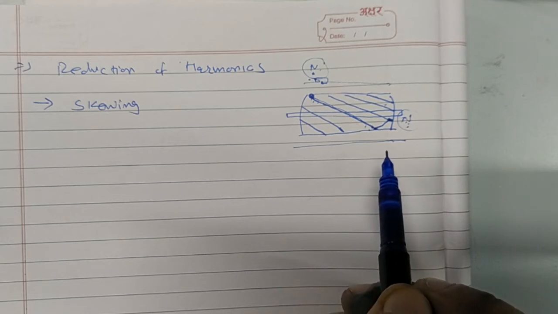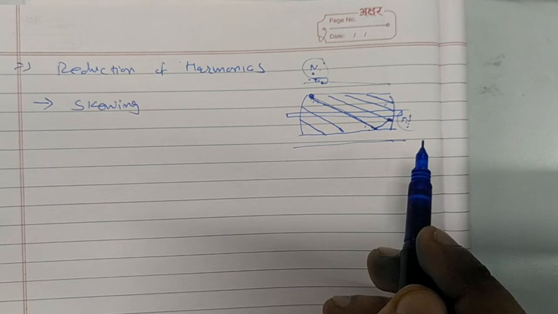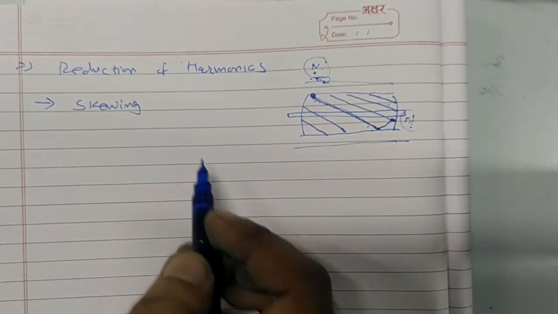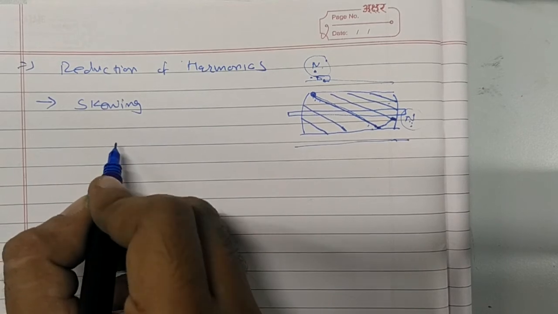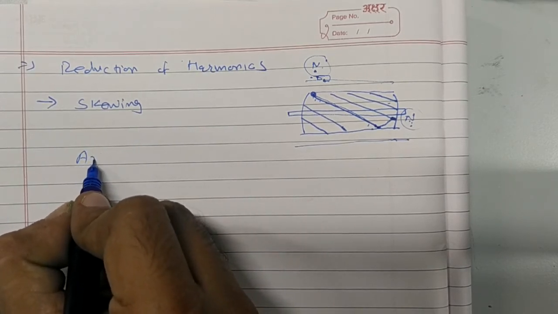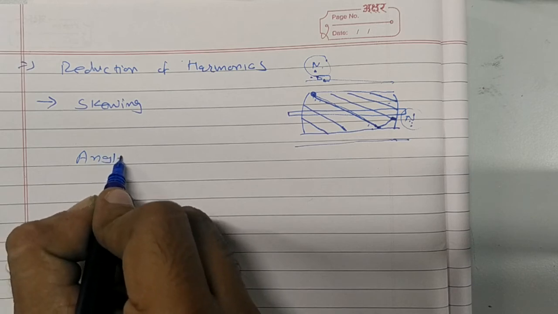The angle between two adjacent harmonic poles is calculated by one simple equation. For the skewing we have to follow one equation.